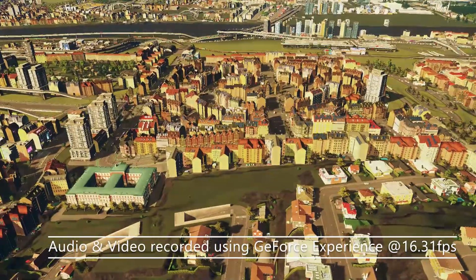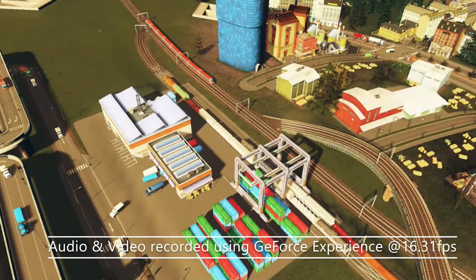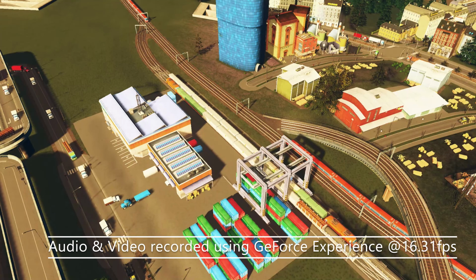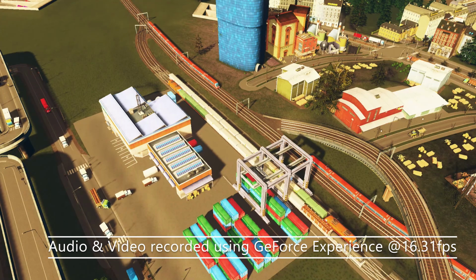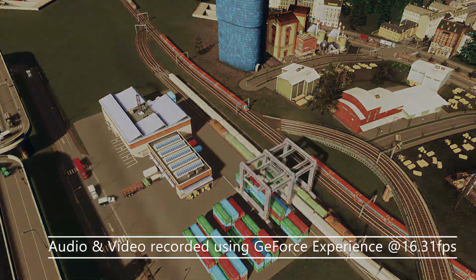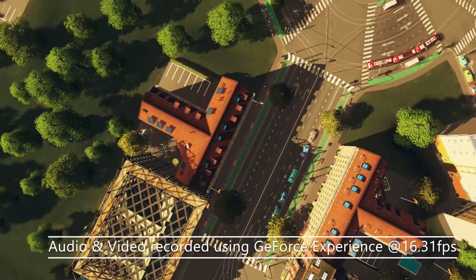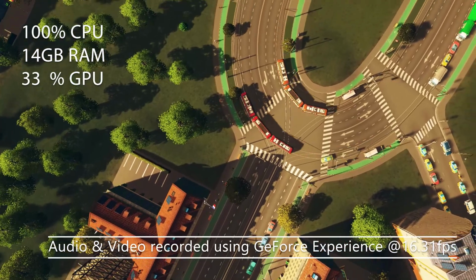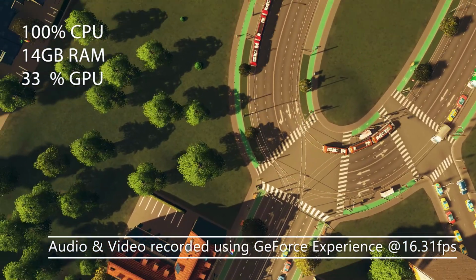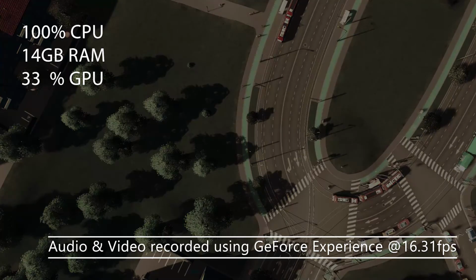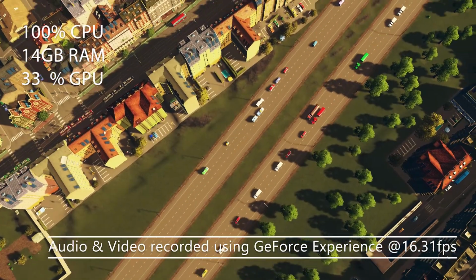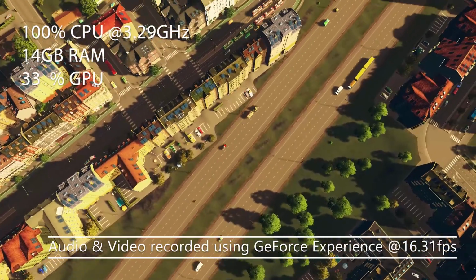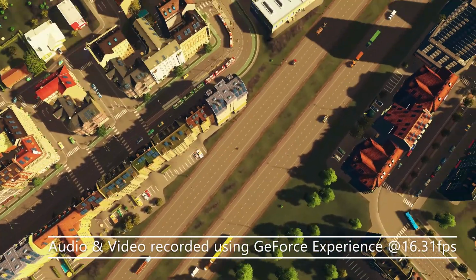It's really jerky. What I don't understand is why the trains are always queuing. 100% CPU, 33% GPU. Memory is sitting at a nice 14 gig used, and the processor is sitting at 3.29 gigahertz.